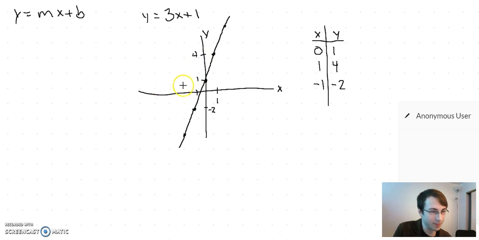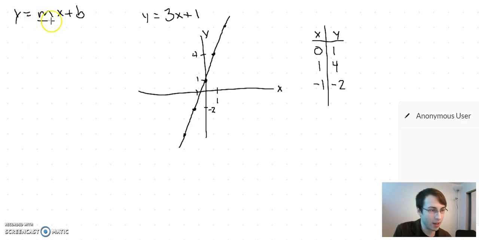Okay, so now say we want to do that more quickly. Like we can plug in points all the time and then draw a line, that's fine. But what if we just want to look at the equation and get a general idea of what's going on? Well, we can look at the m and the b terms.